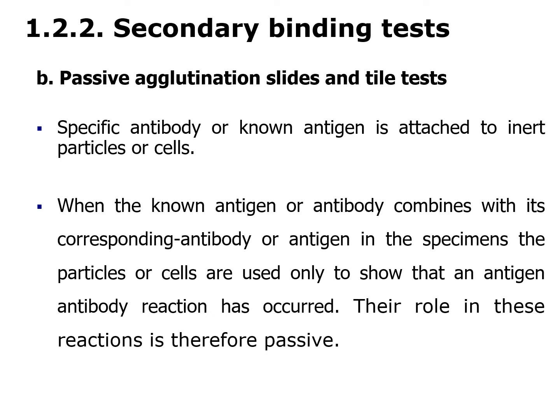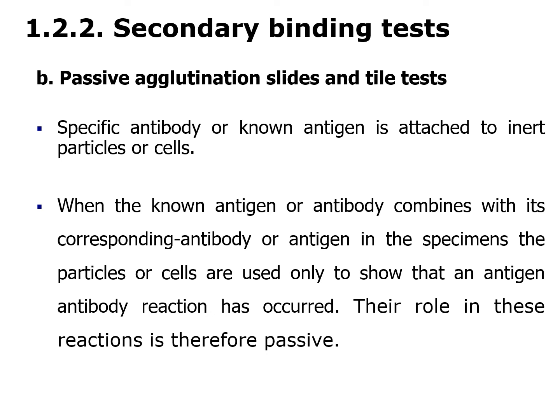Again, if it is direct agglutination of the cells or the antigens, then it's active. But if we make use of an inert particle, then it's called passive. If we make use of red cells, we call it hemagglutination.